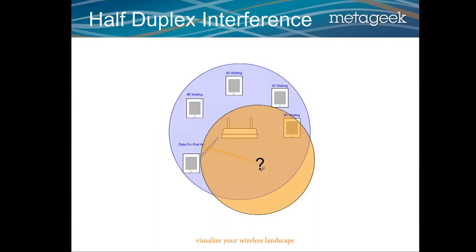Let's say this is a cordless phone, and it causes a collision here. Well, everyone else is stuck waiting for that interference to finish, or for some other device to stop talking. And sometimes these devices won't stop talking, and so everyone sits there waiting, and they can't hear anything because there's the equivalent of an air horn in the environment, just constantly going off. And these are things that you need to use a spectrum analyzer to view.